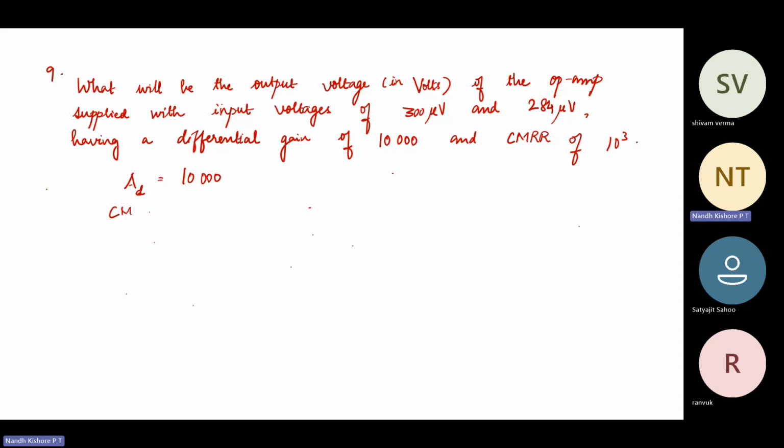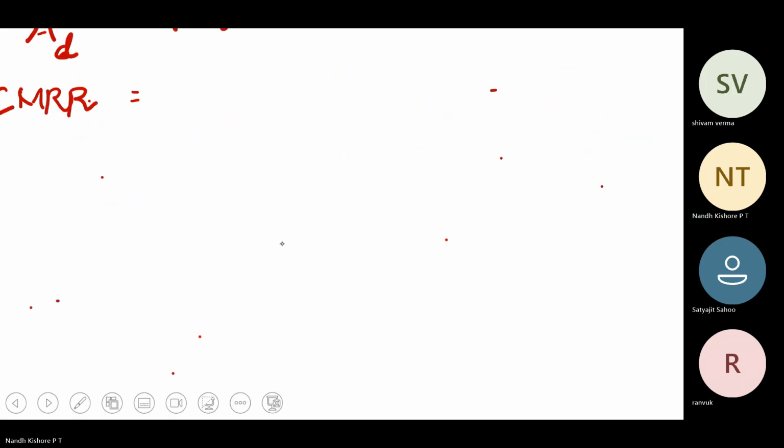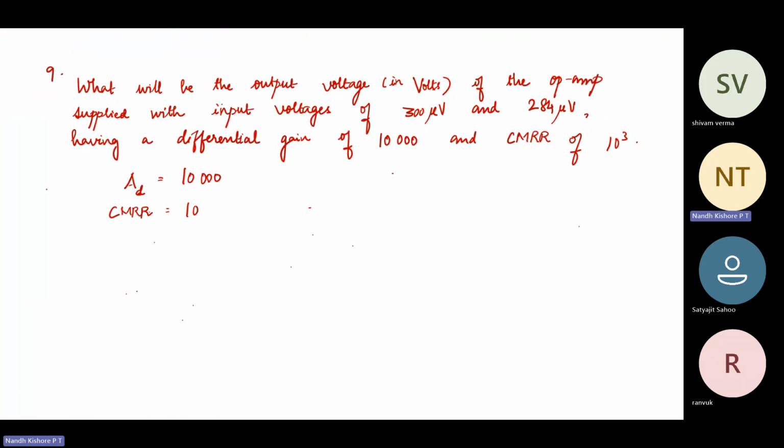And they have told the common mode rejection ratio is 10 power 3. So what is 10 power 3? Sorry, it is 1000. So CMRR is 1000. So what is CMRR?